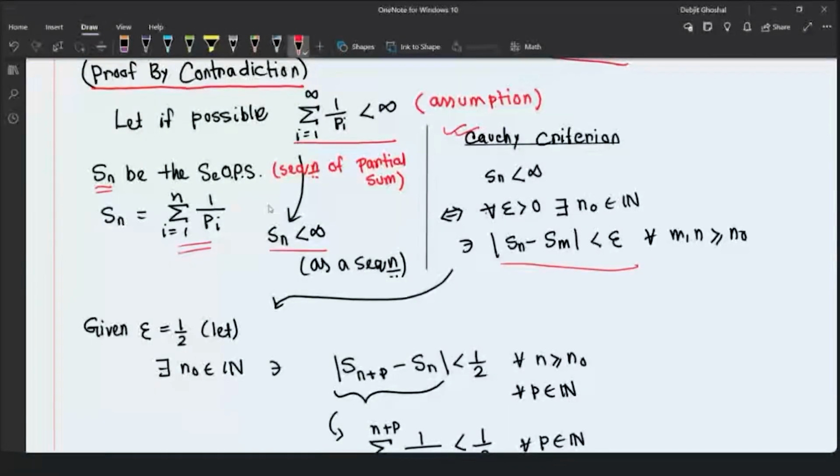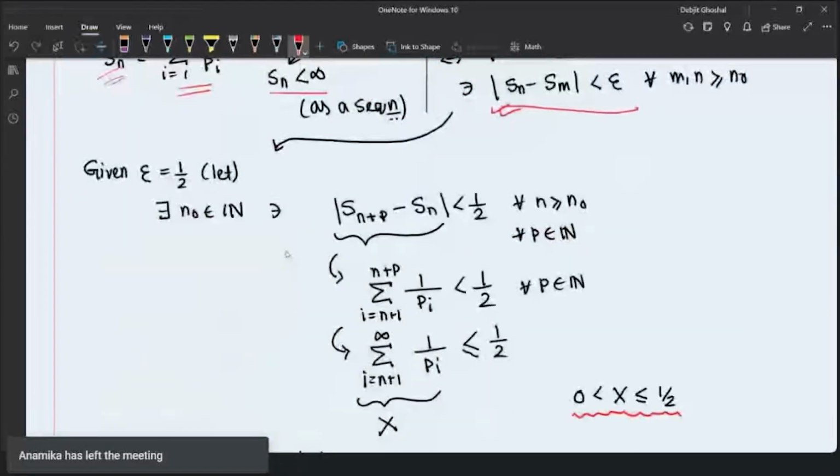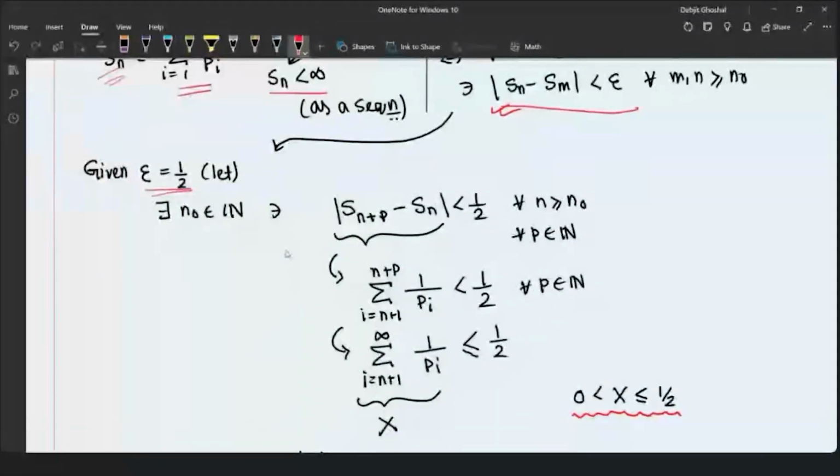Now, if we apply this Cauchy criterion to this sequence of partial sums, let's see, I am taking epsilon as half. It means for this epsilon, we have a natural number n naught such that |S(n+p) minus Sn| is less than half for all n greater than or equal to n naught and for all p belonging to N.